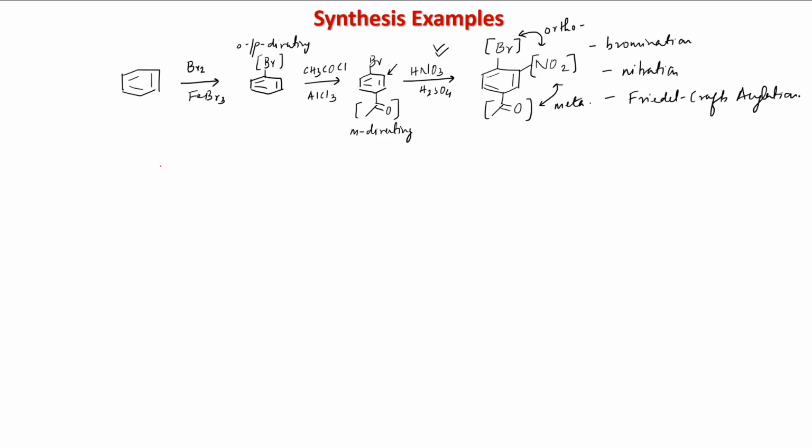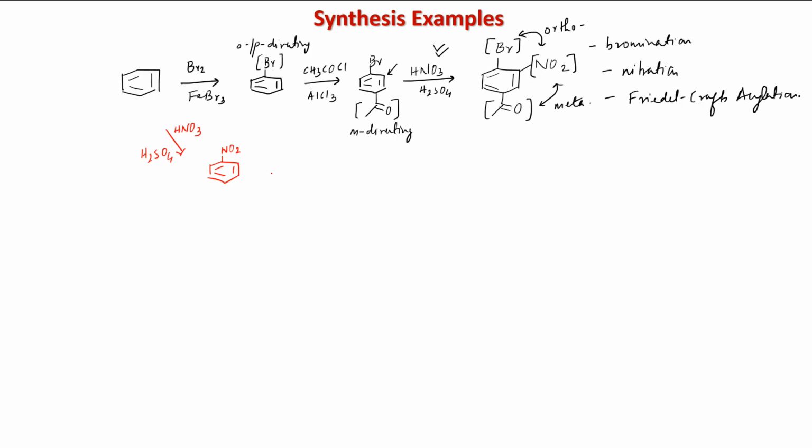Let's try switching the sequence of these reactions. So let's think that we started with a nitration instead. If we did the nitration on benzene first, that will give us nitrobenzene.